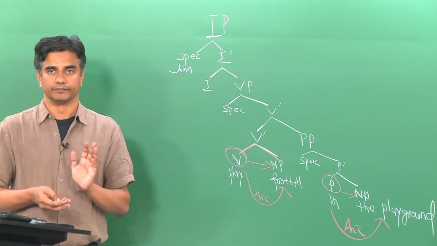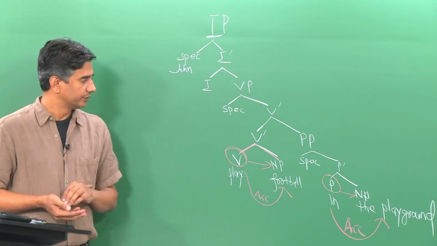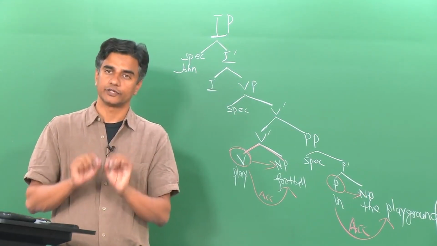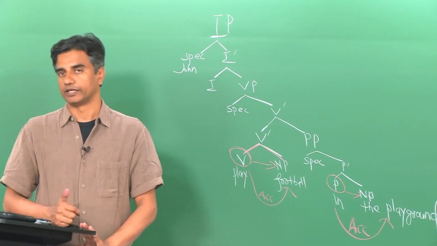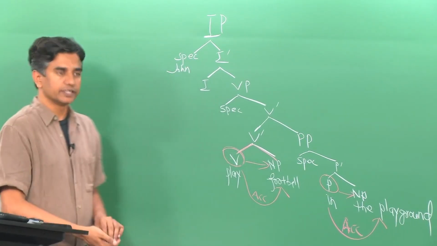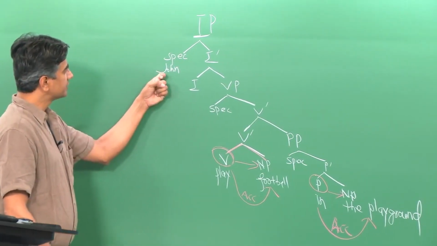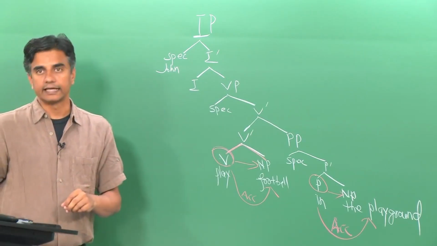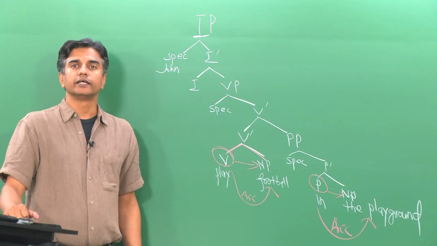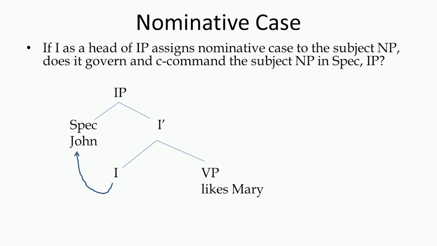That's a principle. Then the question is, and we will only discuss two parts, accusative and nominative cases, for our understanding today: how does the nominative case get assigned? How do we assign nominative case to the subject NP?